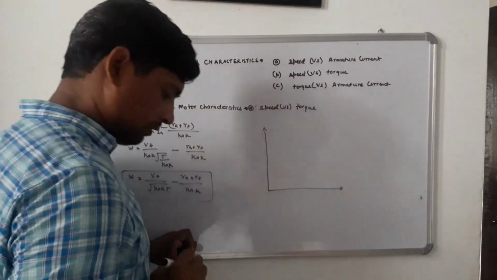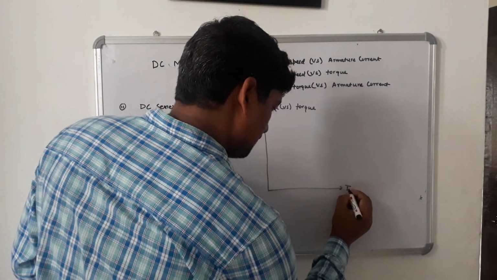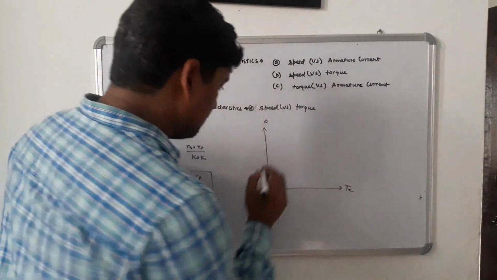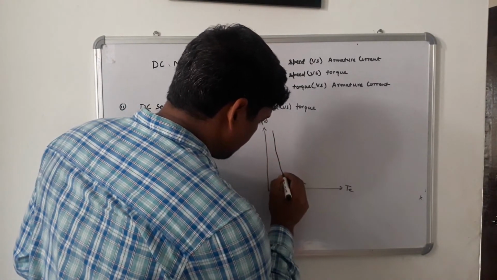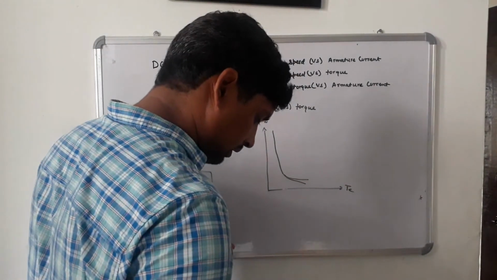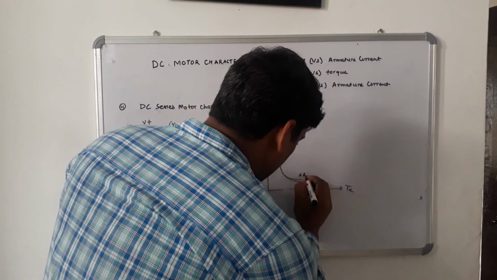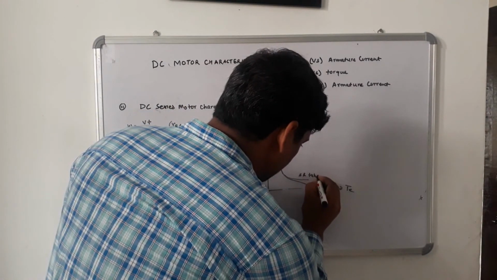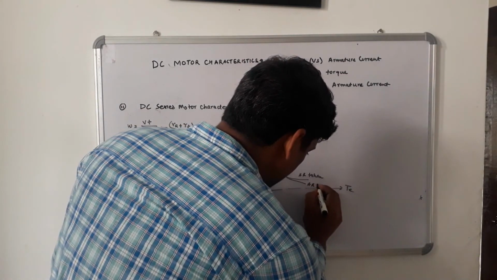This will be the omega and this is the torque T. The characteristic will be as shown, where armature reaction is neglected.